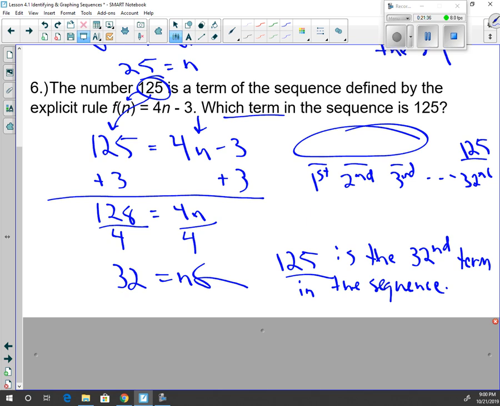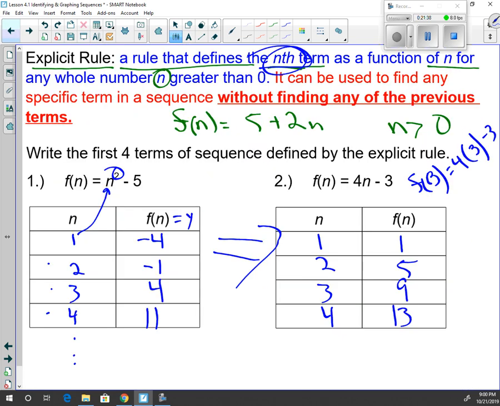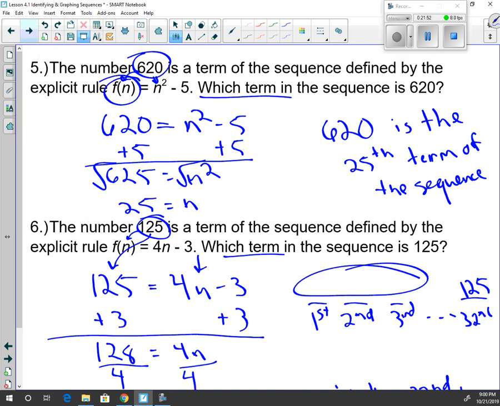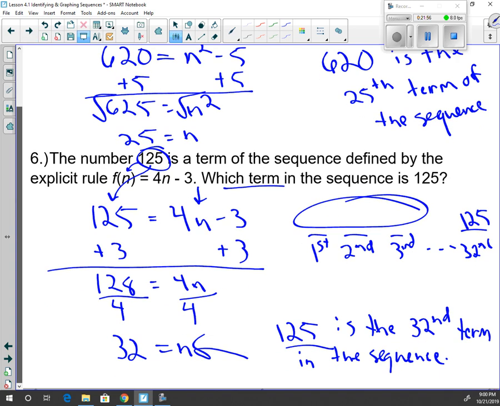And like I said in the beginning, the big advantage to the explicit rule is that it defines the nth term of any function. And we don't need to know any other previous values without finding any previous terms, right? So if I was finding the 32nd term here in example 6, I didn't need to know terms 1 through 31 to find the 32nd, okay?